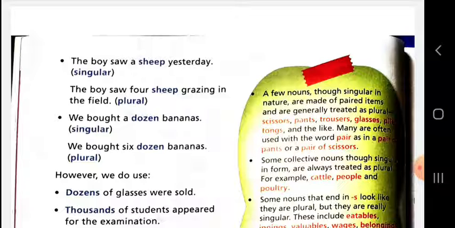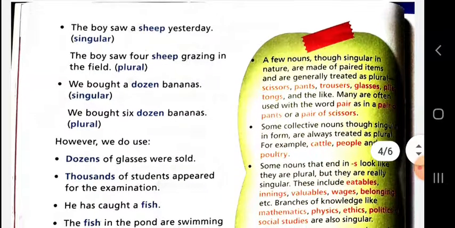The boy saw 4 sheep grazing in the field. Here you will write the same spelling in singular and plural. We bought a dozen bananas. Here dozen is singular. We bought 6 dozen bananas. Here dozen is plural. So you will not change its spelling. They are the same in singular and plural.